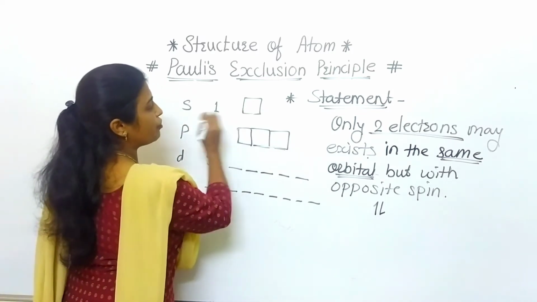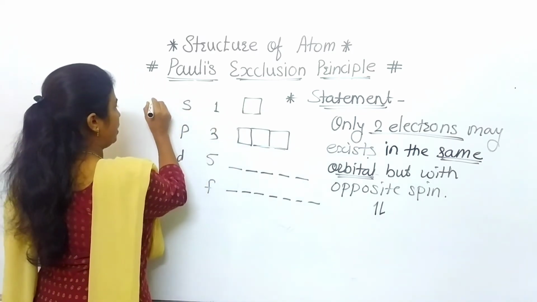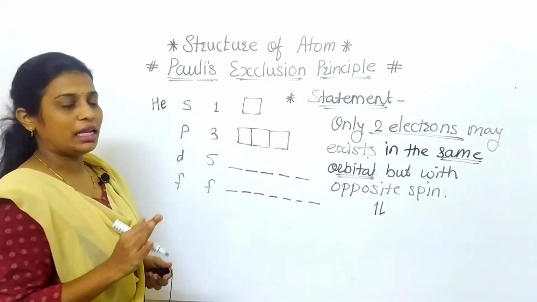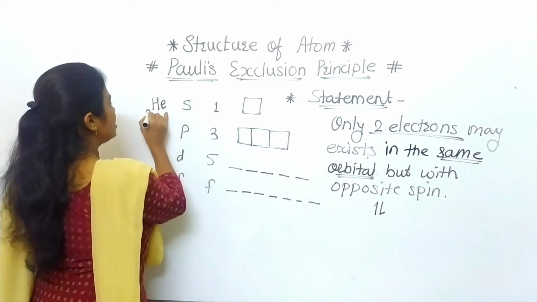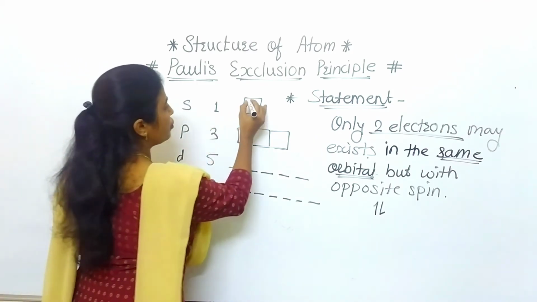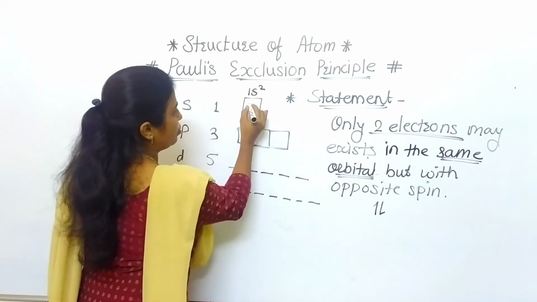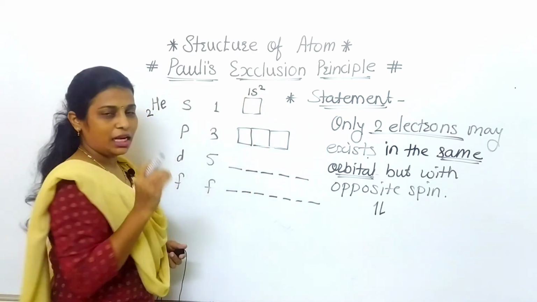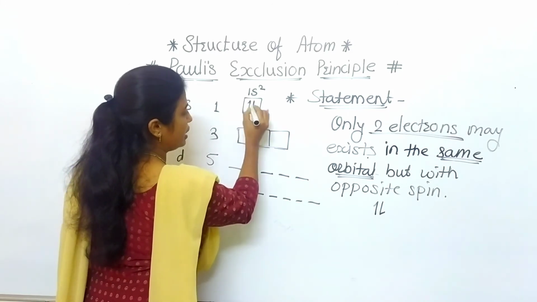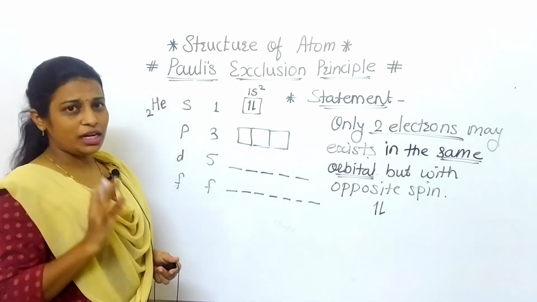So when we are filling the electrons, for example, hydrogen has only 1 electron, so we will take helium here. Helium, its atomic number is 2. So how many electrons are there? 2 are there. So what is the electronic configuration? 1s2. It means here we have to fill up 2 electrons. One will be in the upward direction, the second one in the downward direction.